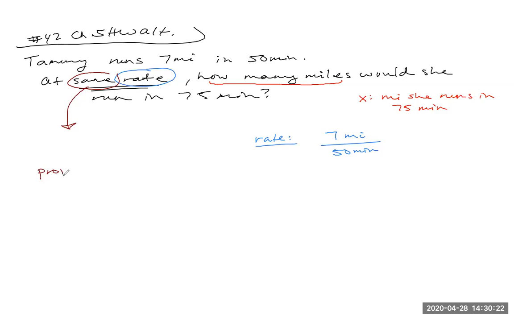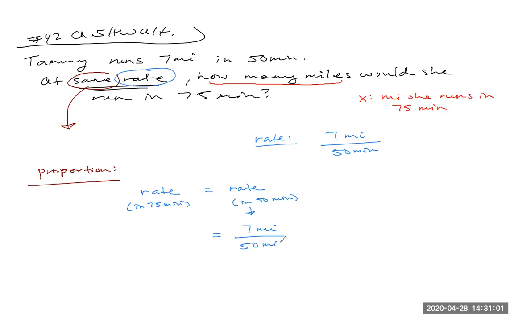So that means set up a proportion. Okay. So let's think about the rate in 50 minutes. We have this one, okay? That's going to be 7 miles per 50 minutes.